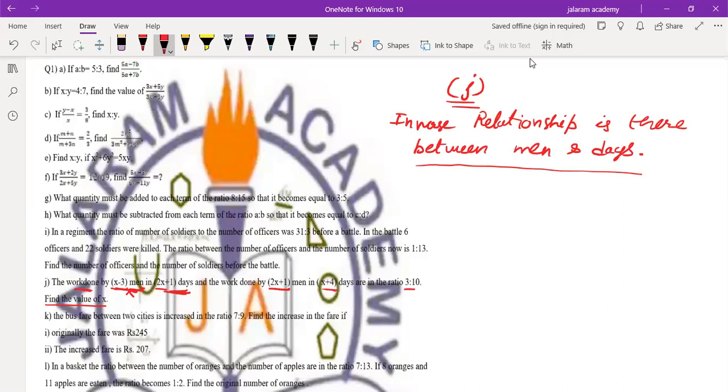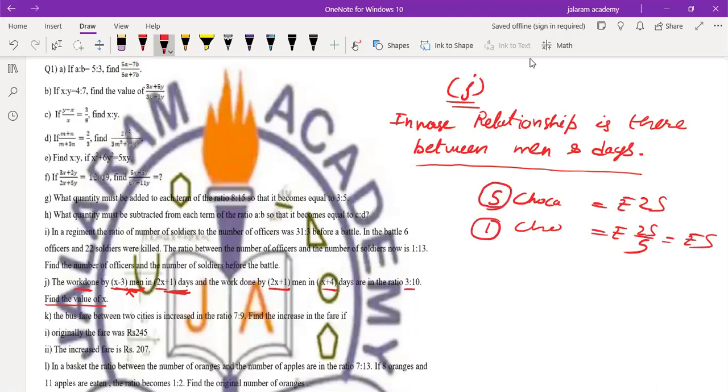In the unitary method, we know that if the cost of 5 chocolates is 25 rupees, then to find the cost of 1 chocolate we divide, 25 by 5, which is 5 rupees. When we are given the value for more and have to find for 1, we divide.